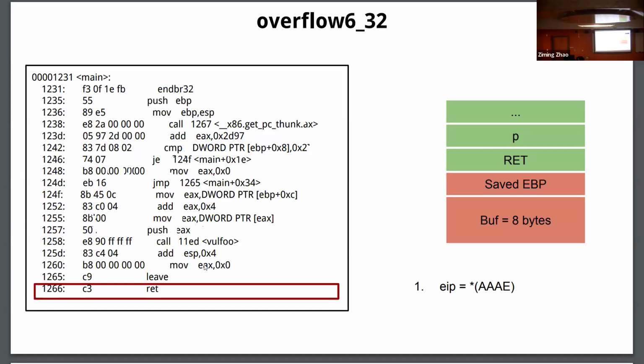We cannot overwrite anything above. So this address actually points to a data structure. We can consider this whole thing as a data structure with two things: the lower 4 bytes is the saved EBP, and the higher 4 bytes is the return address. What we really want to overwrite is the return address.